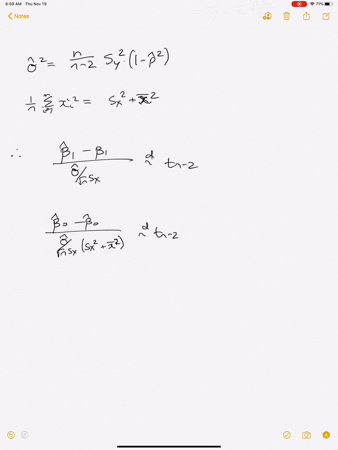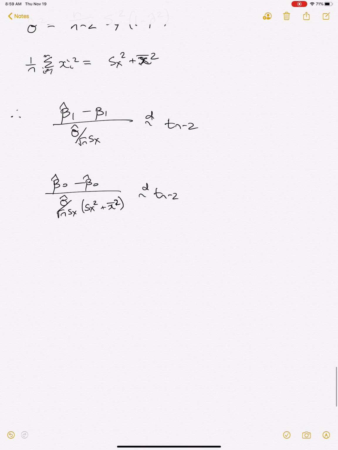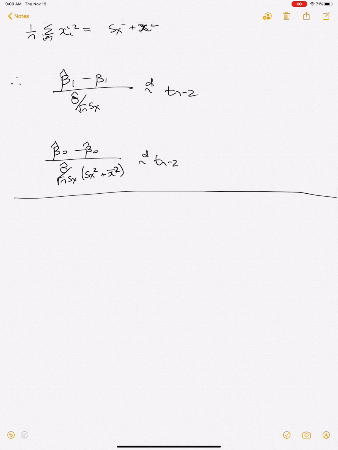Okay, so now we're in a position to answer any question that we want to. So we're going to spend the next bit just going through that to finish with. So let's do an example.